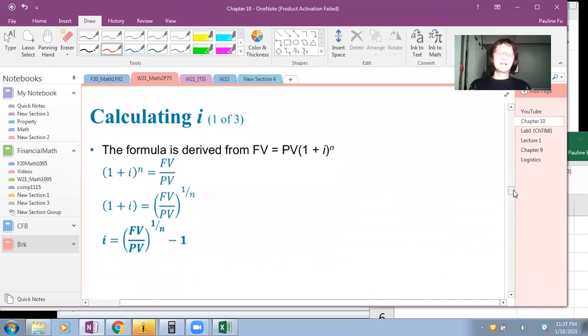Next, how do we solve for periodic rate I? Again, we can solve for I from this formula.